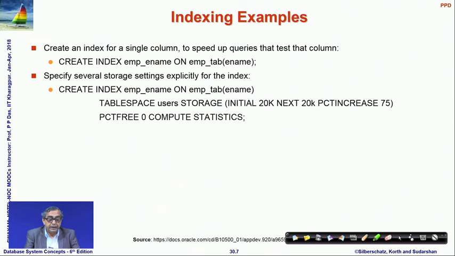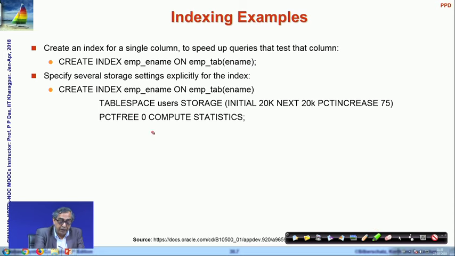Now, while you create the index, you could also optionally use various other factors which relate particularly to the storage setting. You can set what storage you want to keep for the index, how you would like to increment that, and so on. What is the table space, and most interestingly you could say compute statistics. This is optional, but very useful.